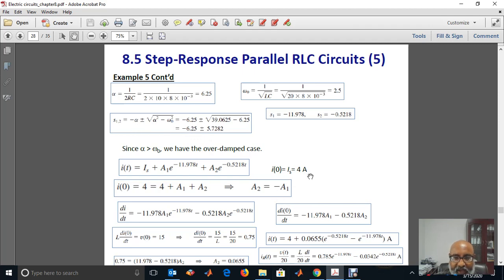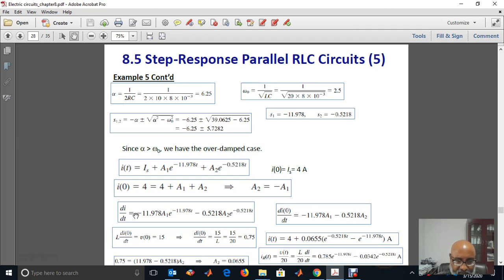And I at 0 now is 4 ampere. So by substituting t equal to 0, we have 4 equal to 4 plus A1 plus A2. Then from this, A2 is equal to minus A1.